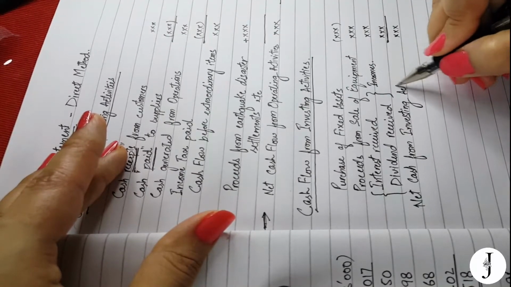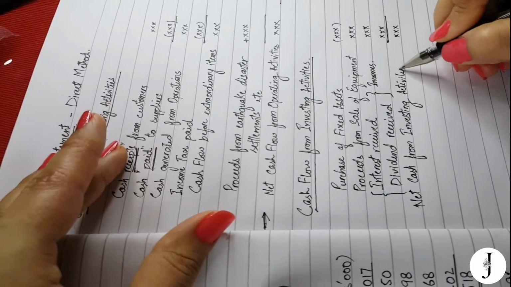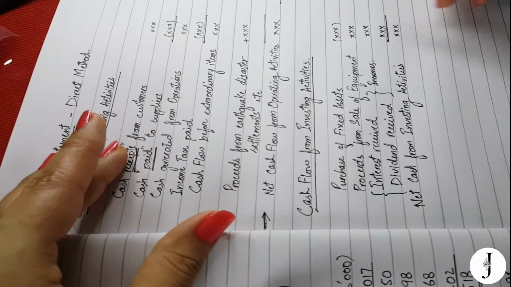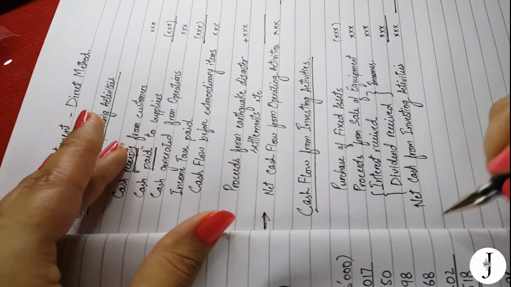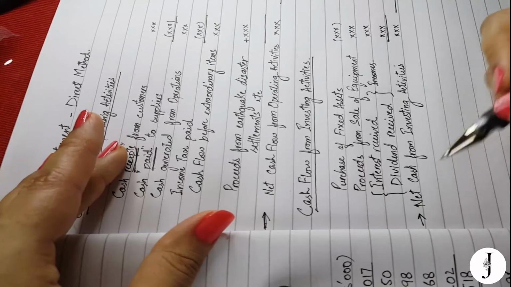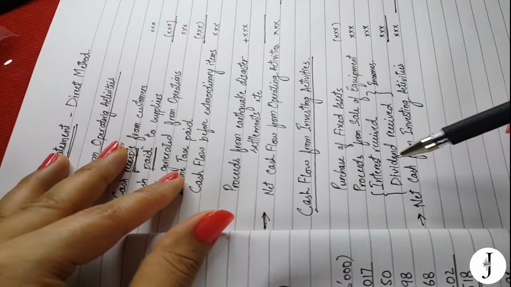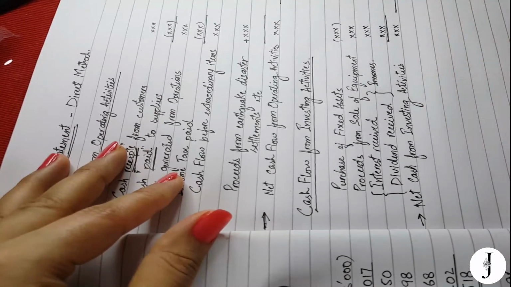And this we will call B. So the second part is also done, that is cash flow from investing activities.